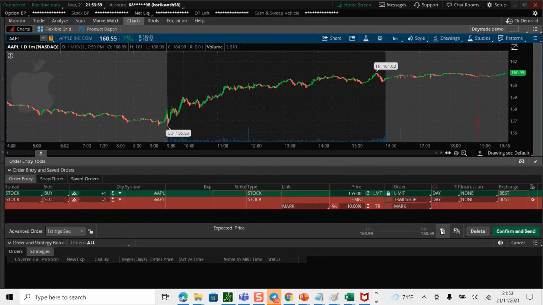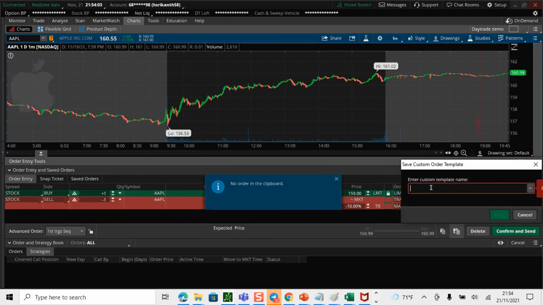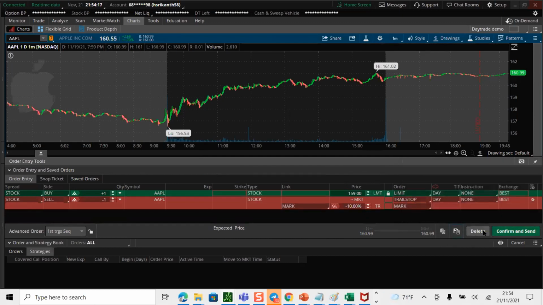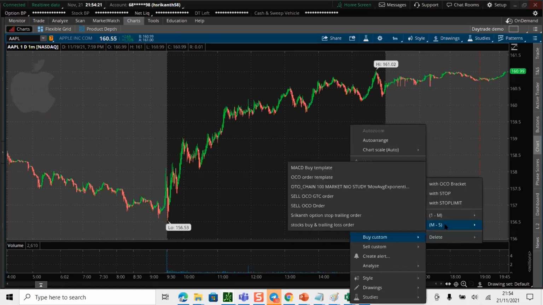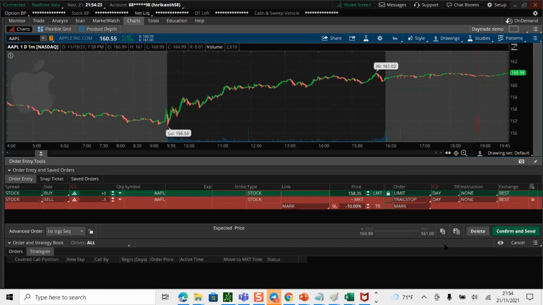And you can also save the trade. So let's save it. So you can right click, buy custom, go here. It's pretty simple. Most of my orders are buy it and 10% stop loss, and that's it.